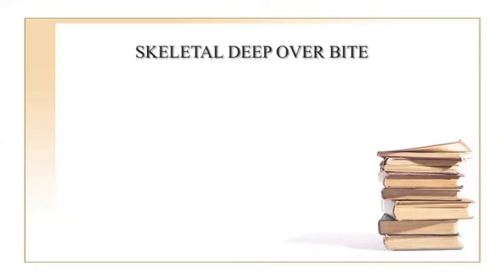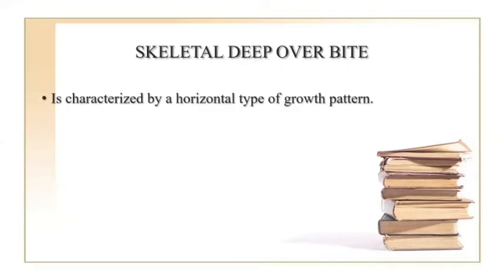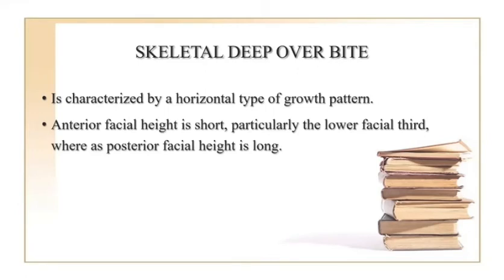Now coming to the skeletal deep overbite. As I explained before, it's usually characterized by a horizontal type of growth pattern. And in the anterior facial region, the anterior facial height will always be short. Just imagine your deep bite case, this anterior facial height, if you measure that, will usually be short, particularly the lower facial third, whereas posterior facial height is long because in the posterior region, fully erupted molars, everything will be there.